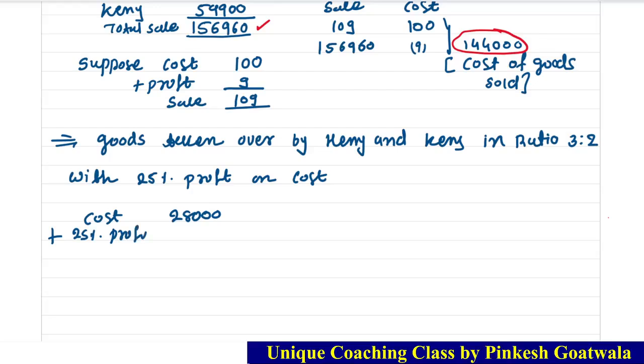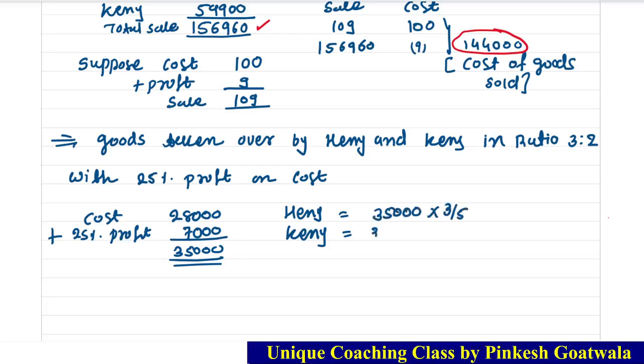So 28,000 at 25% is 7,000. So 35,000 rupees of goods has been taken over by them. How much will Henny take and how much will Kenny take? The ratio is 3:2, so we distribute 35 in 3:2. So 3 by 5 is 21,000, and here 14,000. This is the goods taken over by Henny and Kenny.